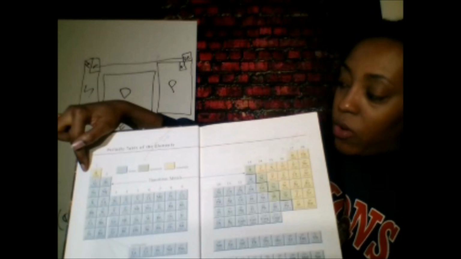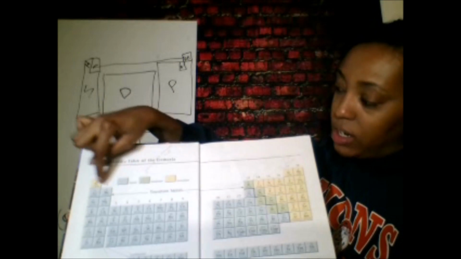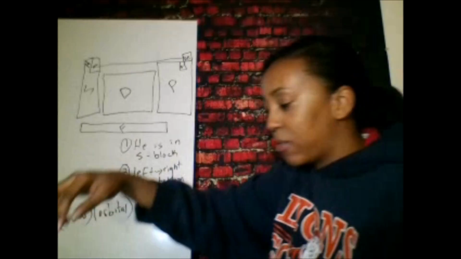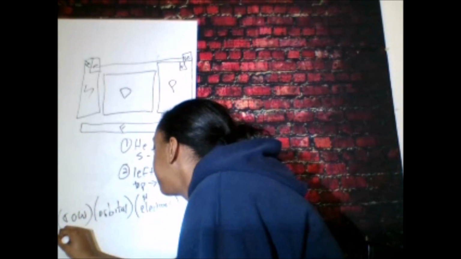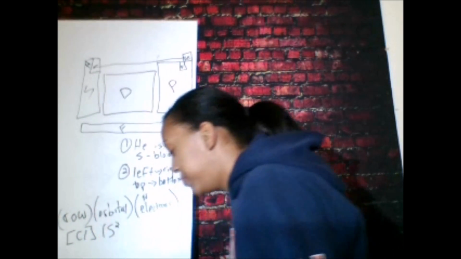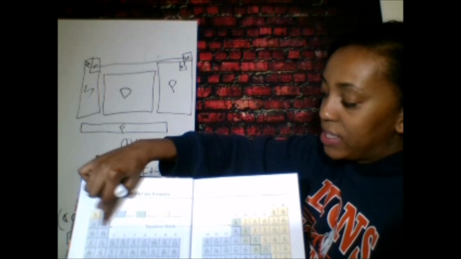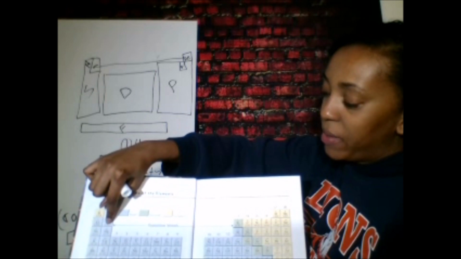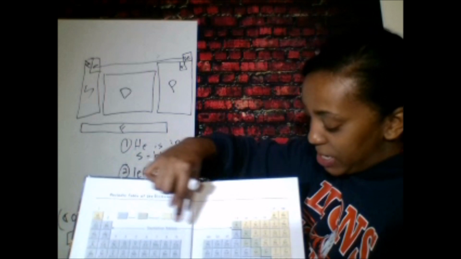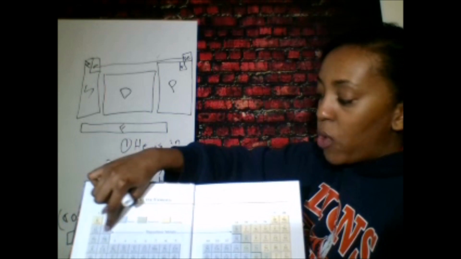So what do we got to do? 1s2, because we're pretending this helium is really over here. So 1s2, there's nothing over here. So now in the second row, actually I'll write this out. 1s2. Now we got to go into the second row. 2s, and since every time we have to lift our finger up to go to the next row, that means we're switching from one orbital to the next.